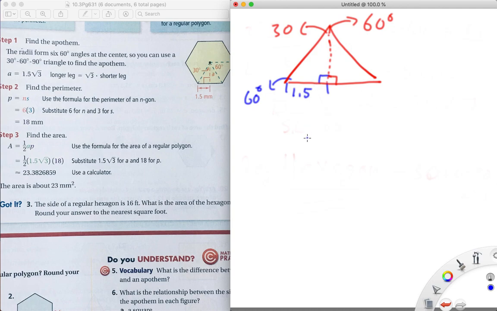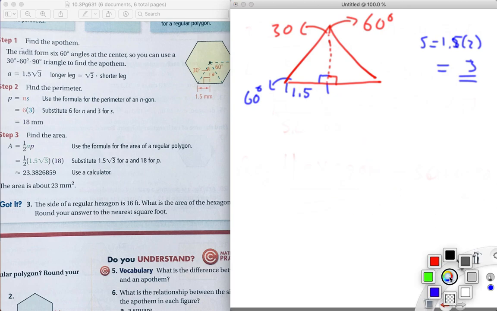So if I have 1.5 as half of the side, then I know that the entire side is equal to 1.5 times 2. So the entire side is 3.